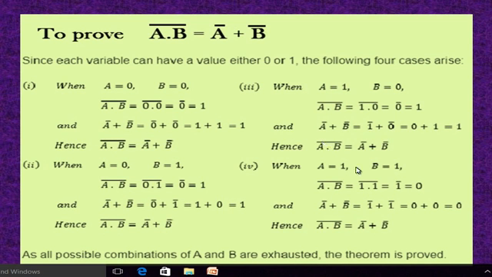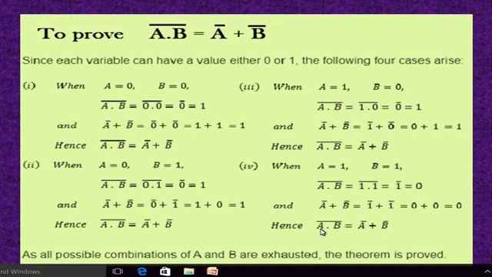When A is equal to 1, B is equal to 1, this is the last case, fourth case. A dot B means 1 dot 1 and 1 dot 1 will be 1 and complement of 1 will be 0. For RHS, complement of A plus complement of B, complement of 1 plus complement of 1 is equal to 0 plus 0, which is equal to 0.